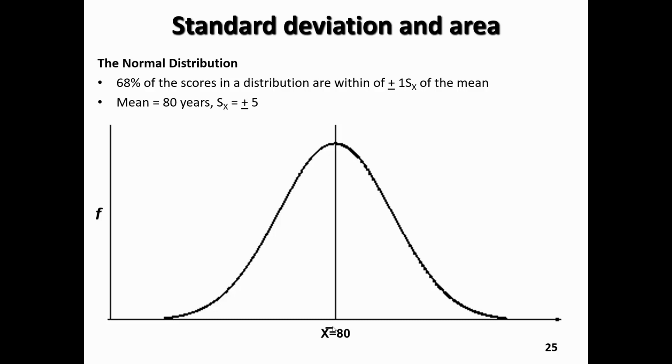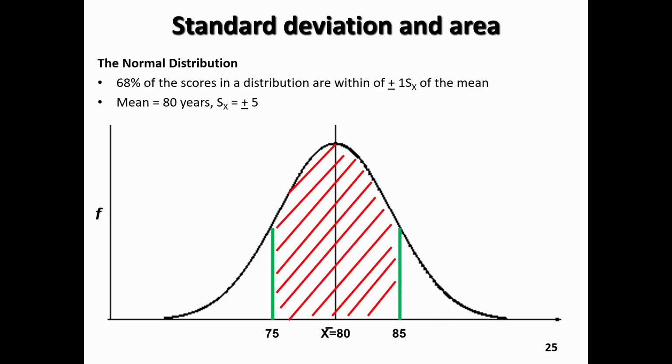The bar is slightly shifted to the right, but it should be over the X. That indicates the average age of the individuals within this entire sample. With this calculated standard deviation of plus minus 5 years, 68% of the entire sample resides within the standard deviation limits of between 75 and 85 years old.